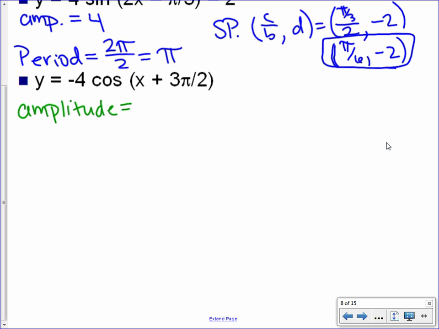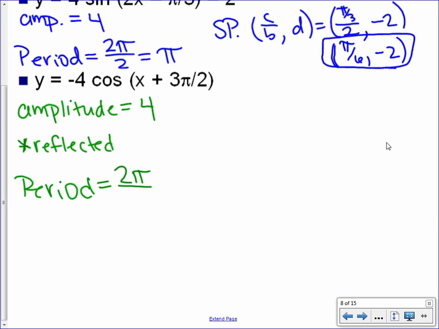It is a positive 4, but A is negative, so we need to make a note to ourselves that this is going to be a reflected graph. Here in about 3 minutes, I'll show you what that looks like. Our period, we find by taking 2 pi divided by b. What is b in this example? It is just 1x. So our period is 2 pi.